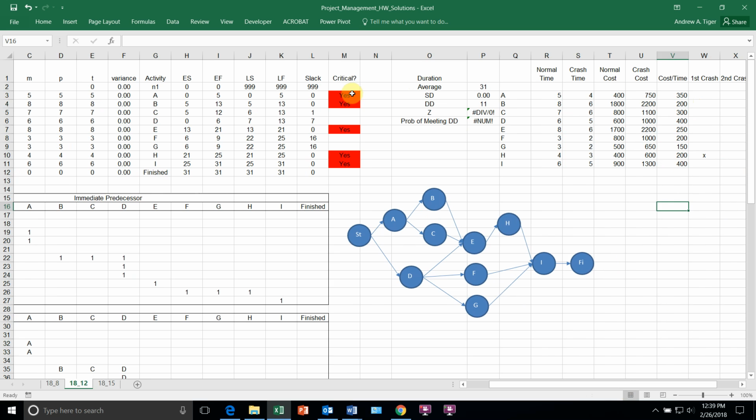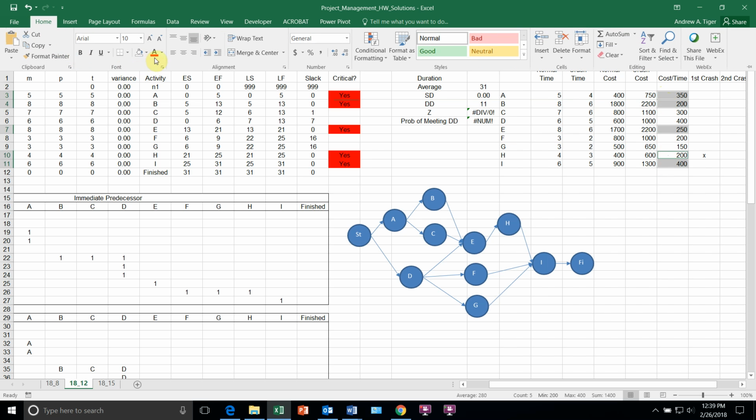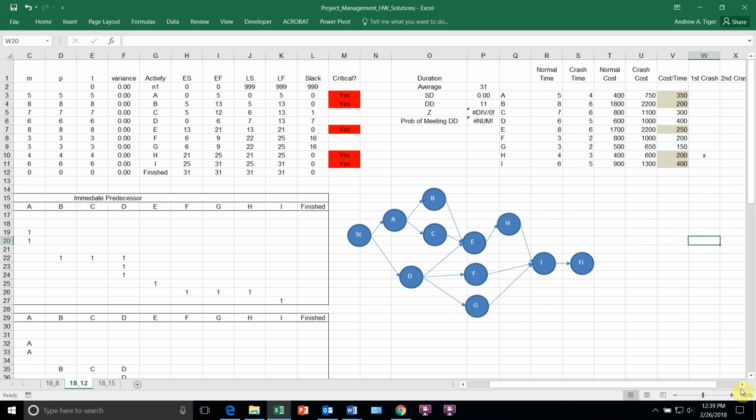For the very first one, your choices are activity A, activity B, activity E, H, and I. Those are on the critical path right now, and the cheapest is either this one or this one.